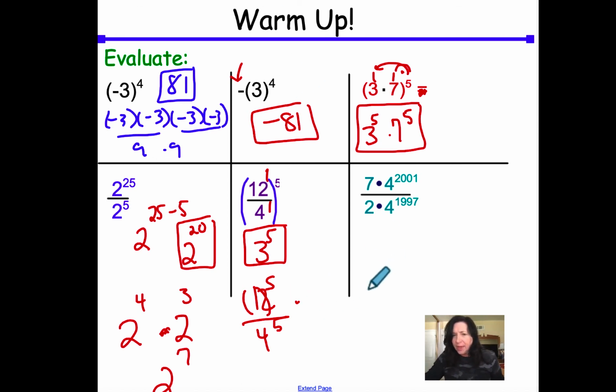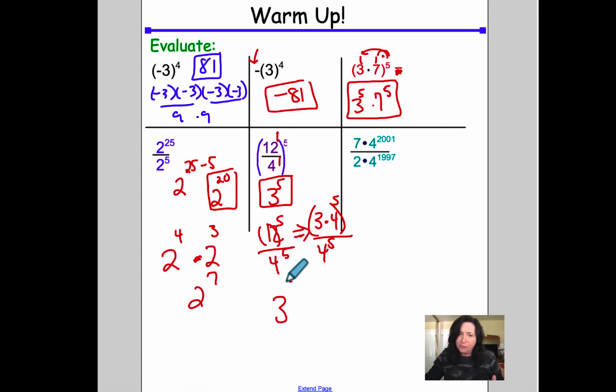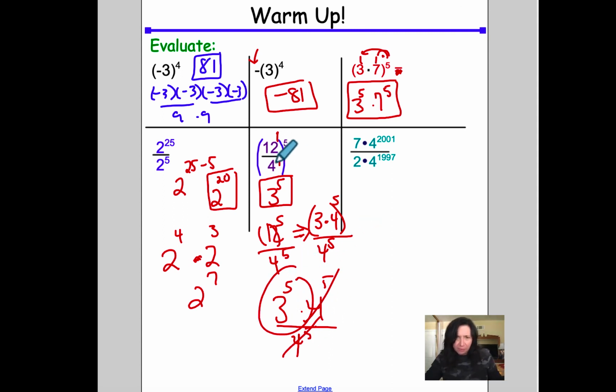And if I had done that, I would have gotten, no equal sign, that's an arrow, 3 times 4 to the 5th power over 4 to the 5th power. And when I distribute that 5, I would have 3 to the 5th power times 4 to the 5th power all over 4 to the 5th power. And then the 4 to the 5th powers cancel anyways. I'm left with 3 to the 5th power like I would have done in the beginning if I had reduced it.